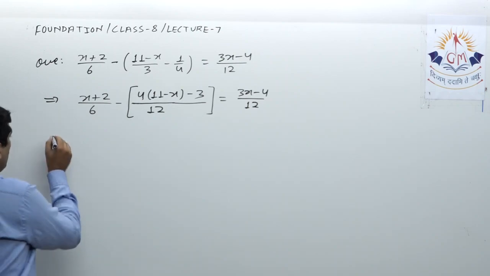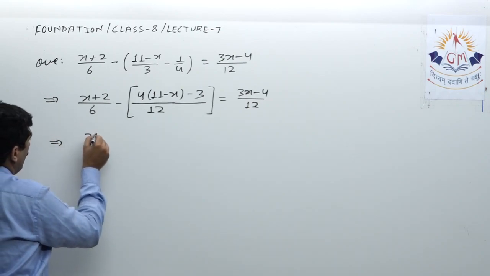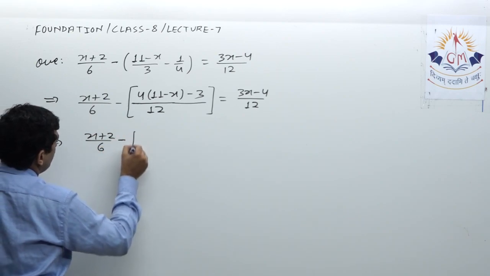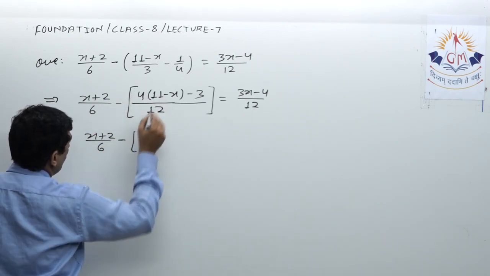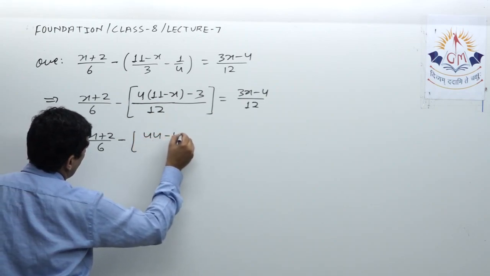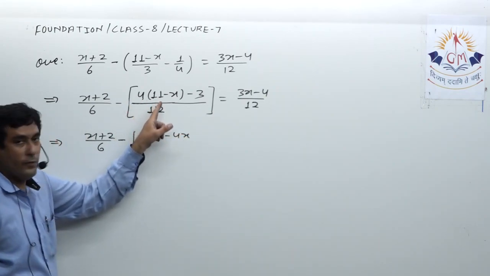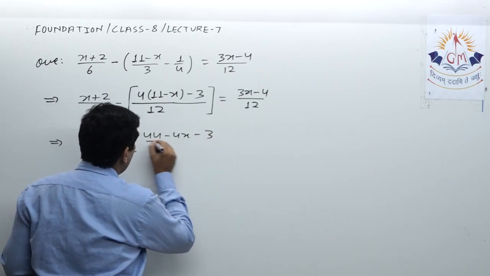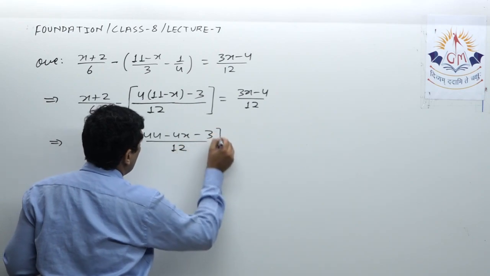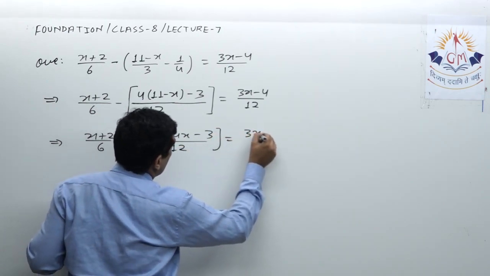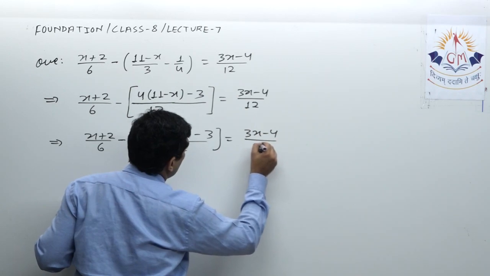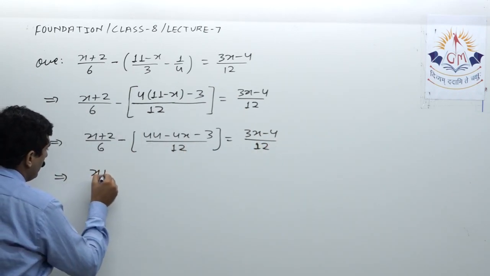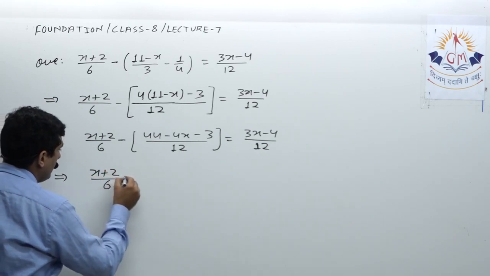Okay. Now further over here it is x plus 2 upon 6 minus 44 minus 4x. Okay, 4 into 11 is 44 minus 4x minus 3 divided by 12 is equal to 3x minus 4 upon 12. On further simplifying, this remains x plus 2 upon 6 as it is minus.